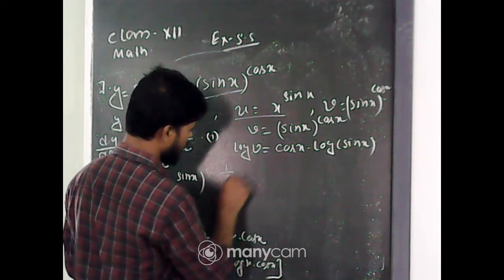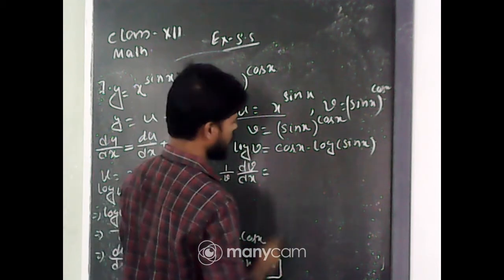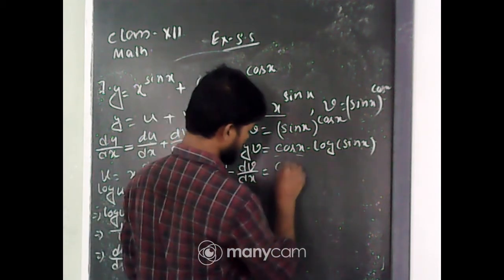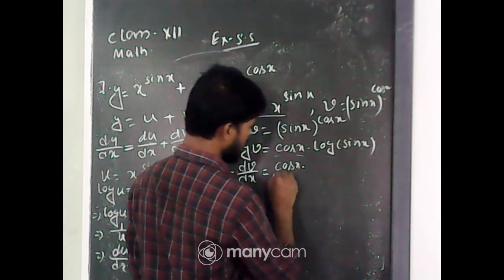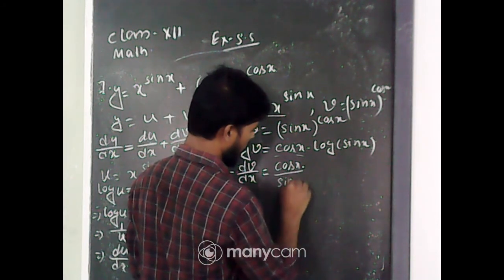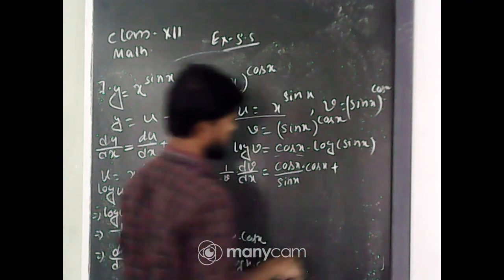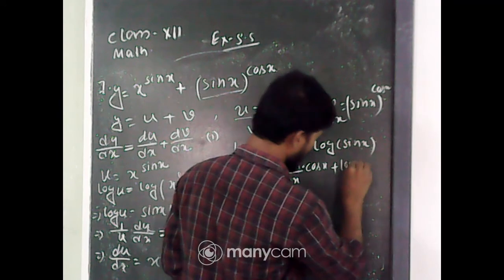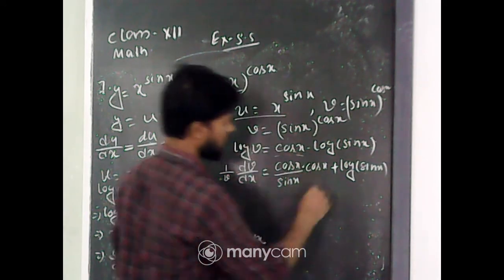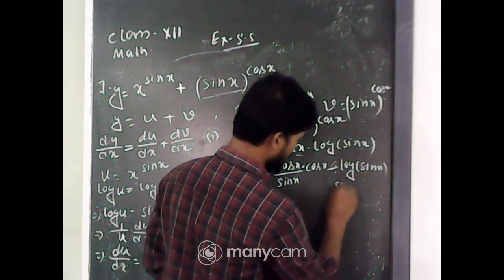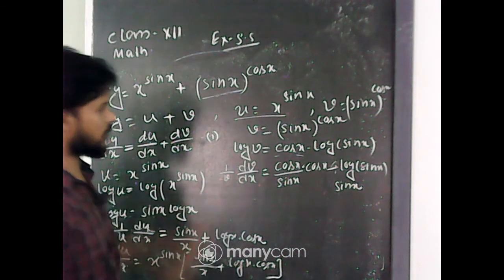So 1/v into dv/dx is equal to first function into derivative of second function, that is cos x into (cos x by sin x), plus second function fixed, means log of sin x is fixed, and derivative of cos x, which is minus sin x. So this is the value of 1/v dv/dx.